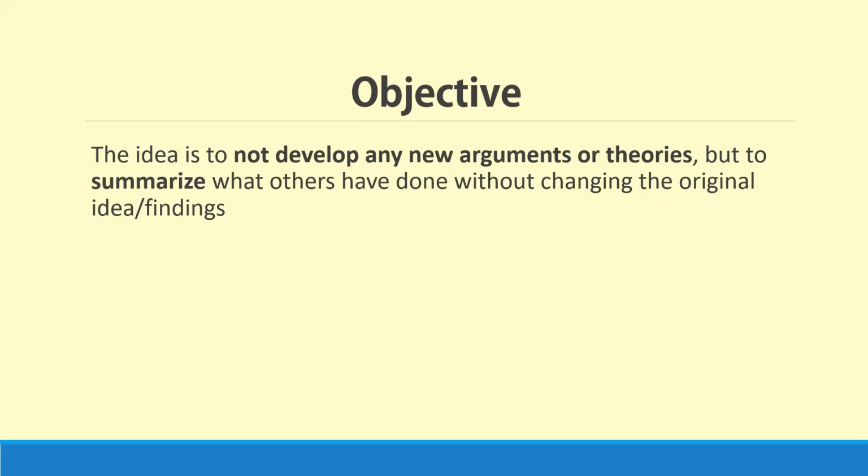Before you begin the literature review, you must understand why we are doing it. There are several objectives. If you just do a literature review without understanding why, your review will be of no use. The basic idea behind this review is to summarize what others have done. We are not going to develop any new theories or arguments. The term itself says this is a review of literature.